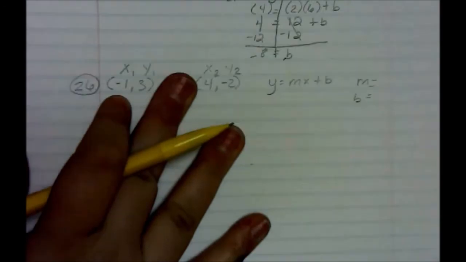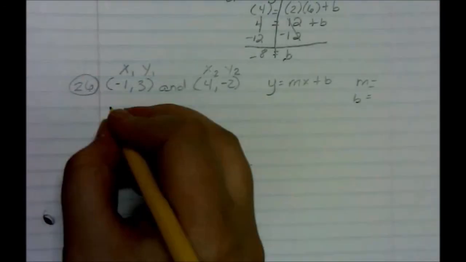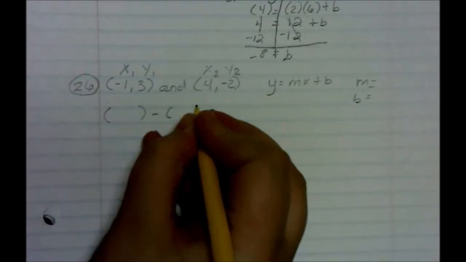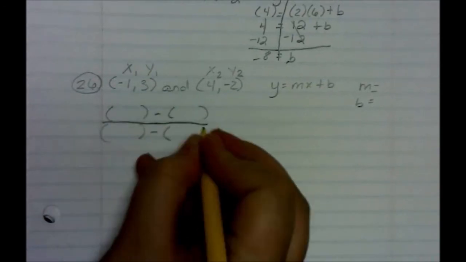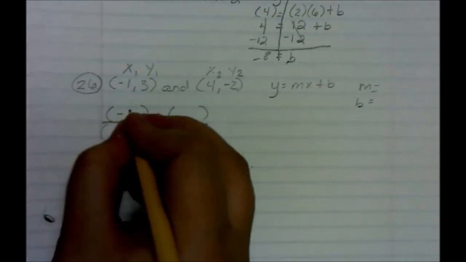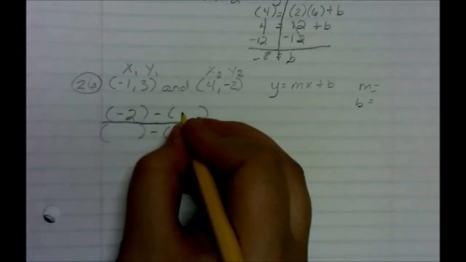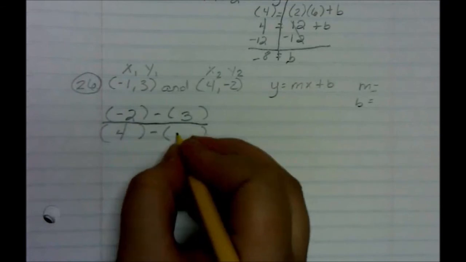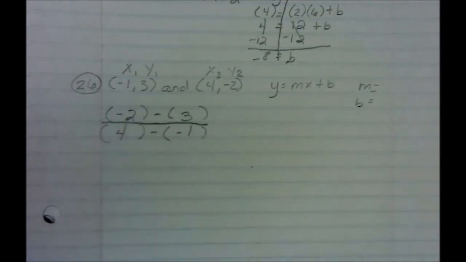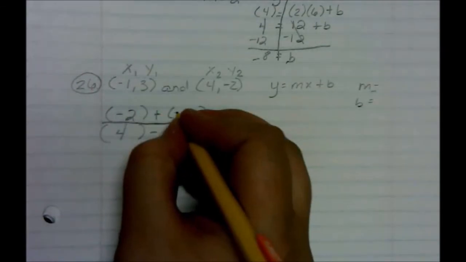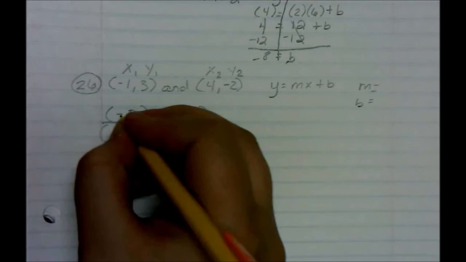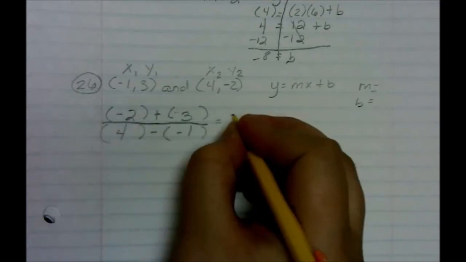So I'm going to draw my parentheses first, like we learned in section 3.2. y2 is -2, y1 is 3, x2 is 4, x1 is -1. So I'm going to keep, change, opposite. So -2 plus -3 is -5.